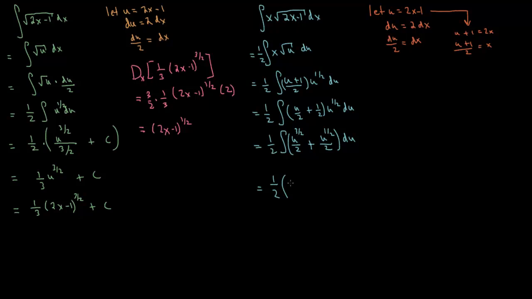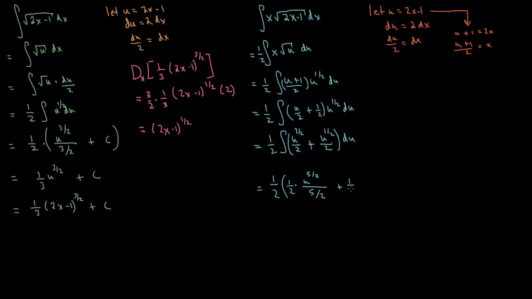So let's see. Let's separate this. We have a 1/2. We have u to the 3/2, so plus 1 would be u to the 5/2 power, divided by that new exponent, plus u to the 1/2 power.